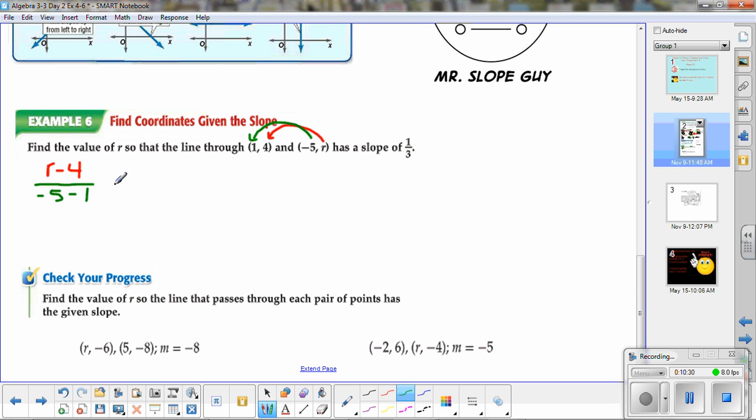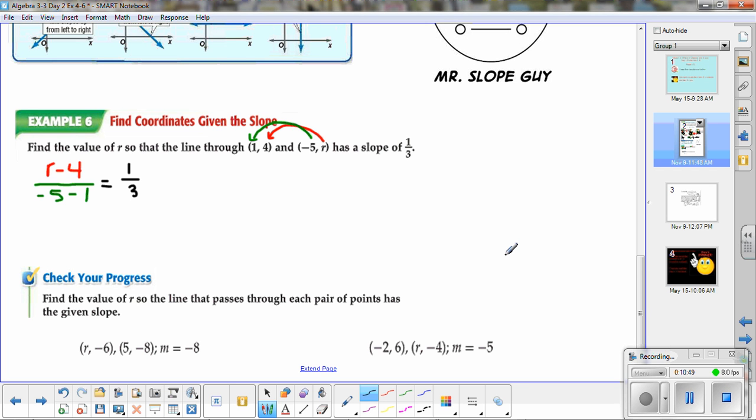We're going to say that that is equal to 1/3. The reason why we're saying it's equal to 1/3 is because it says right here that there's a slope of 1/3. So when we plug these values into the slope formula, it's going to equal 1/3.